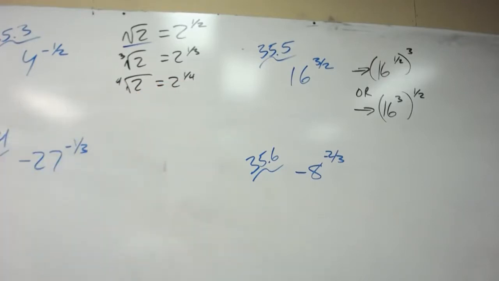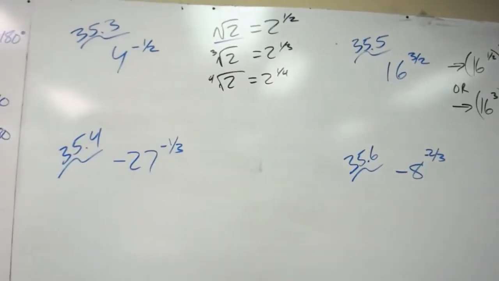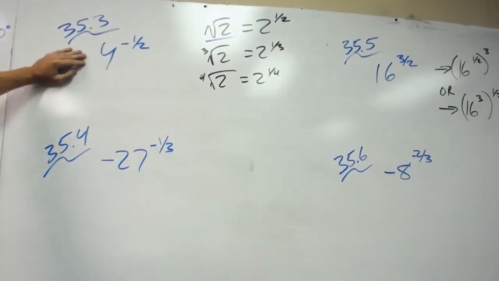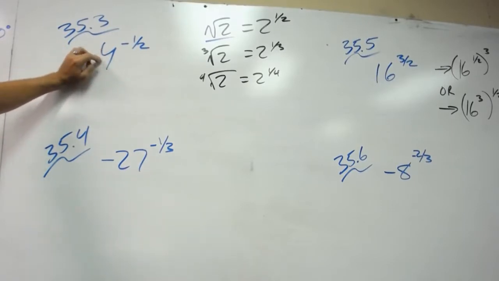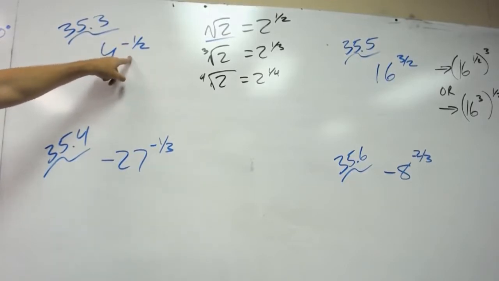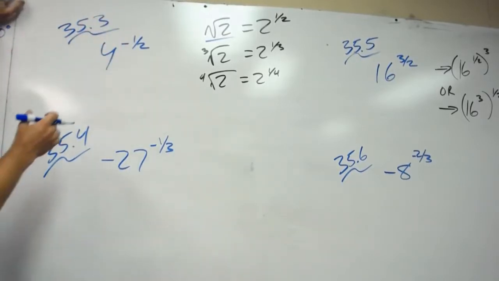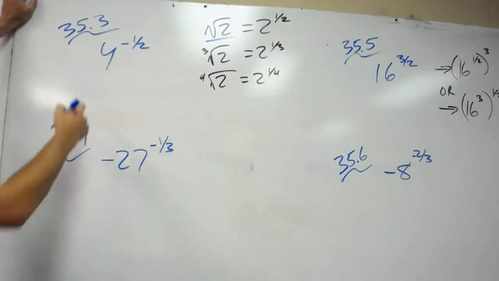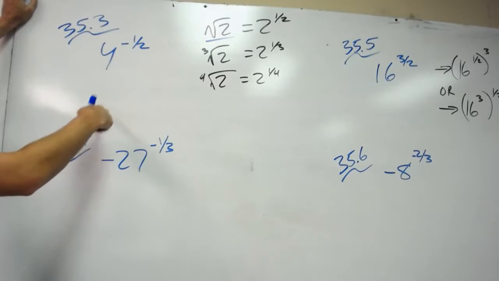So now let's look at some problems here. Example problems. 35.3, that is a very oddly shaped 4, but it says 4 to the negative 1/2 power. Well, if we have a negative in the exponent, we always remember that that means to flip the number from the numerator to denominator or vice versa.